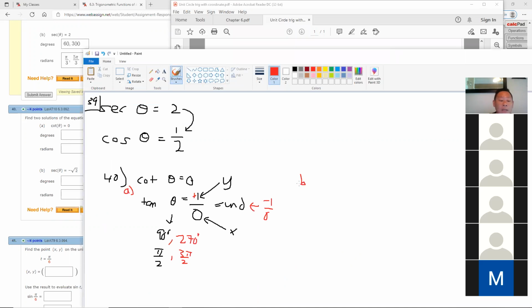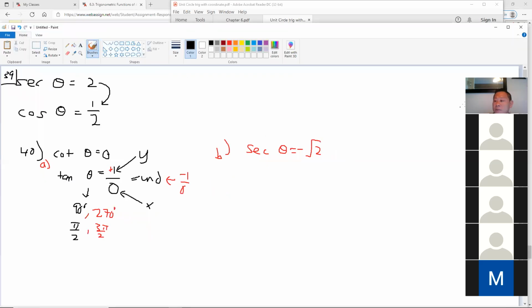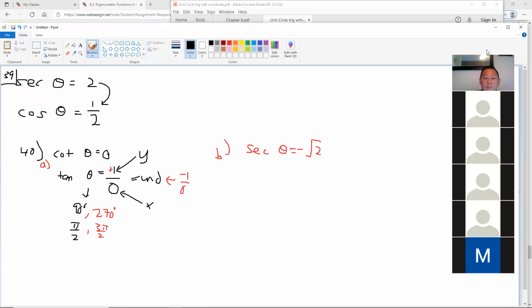For part B, they ask you for secant theta equals to negative root 2. So anyone know what is the reciprocal of secant called? What is the reciprocal of secant?